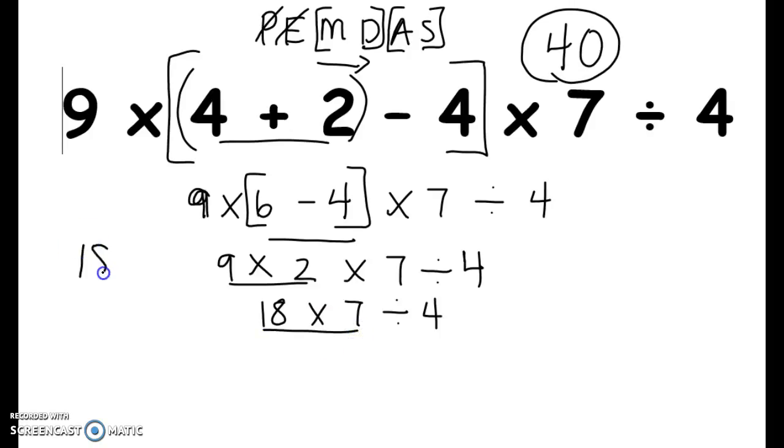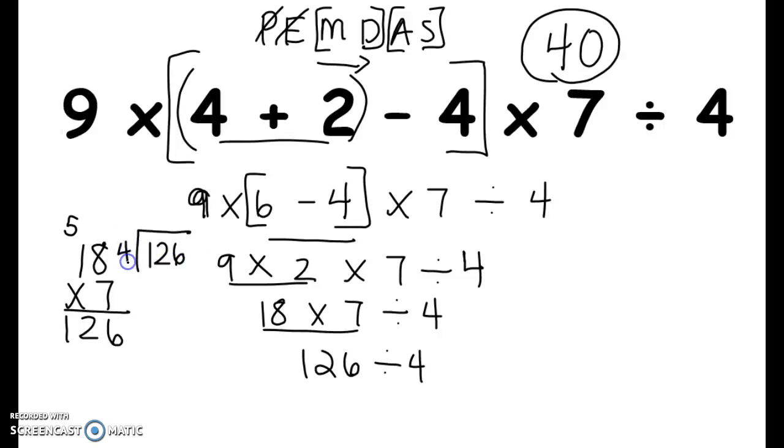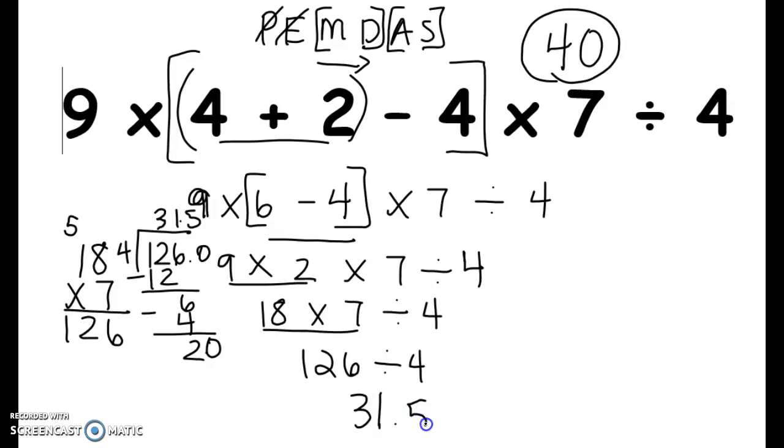I don't know what that is, so I'm going to come over here and do it. 7, 8, 9, 10, 11, 12. I don't know what 126 divided by 4 is. So that would give me 31.5. So obviously that would not be the way to solve it. So then I'm going to try something else.